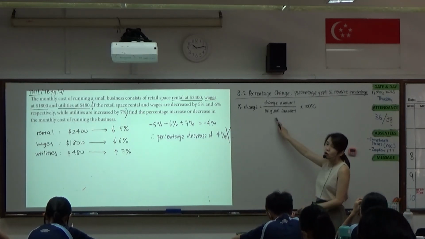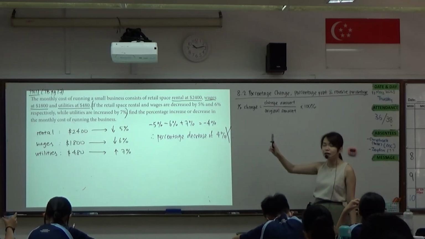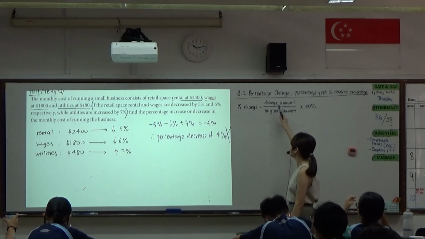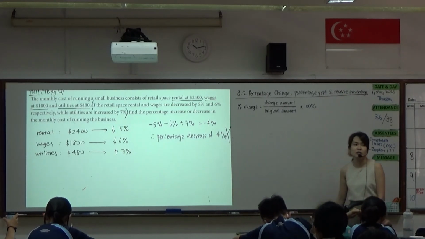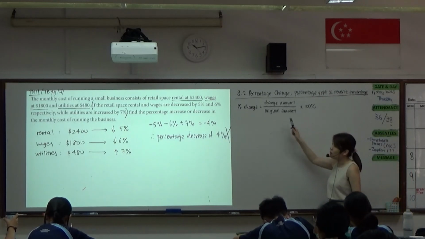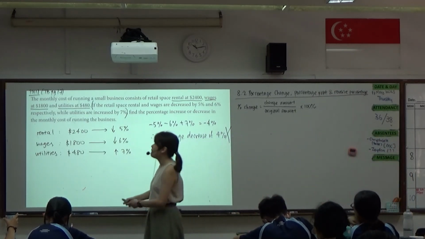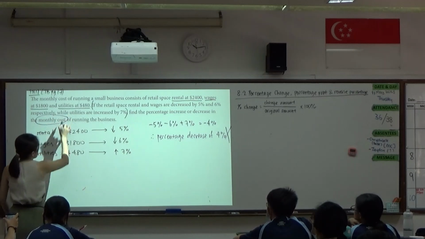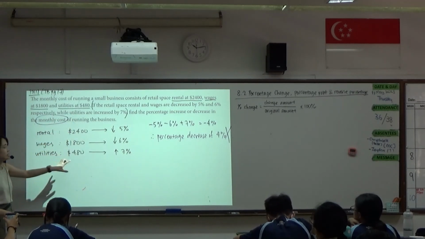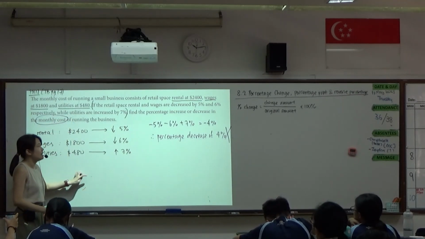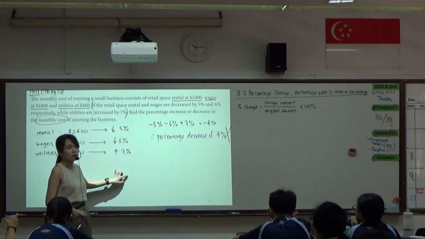We need to go back to this formula to calculate our percentage change to see what is the change and what is the original. And the change and the original that we're looking at is the monthly cost. So I need to add this all up to see what is the original cost and determine what is the new cost itself.